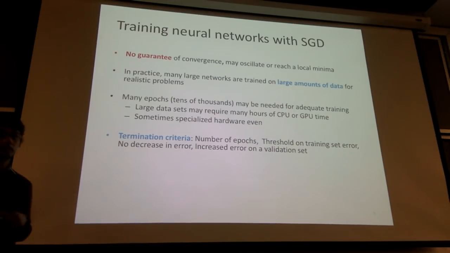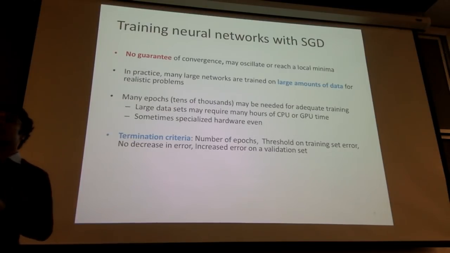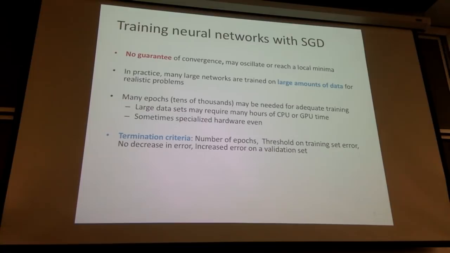That's one possibility. Another possibility is you have a validation set, you keep measuring accuracy or error on that validation set, and this is what you did for your first homework actually for Perceptron. How many epochs did you pick? You measured the number of epochs from your validation set that was the best thing.